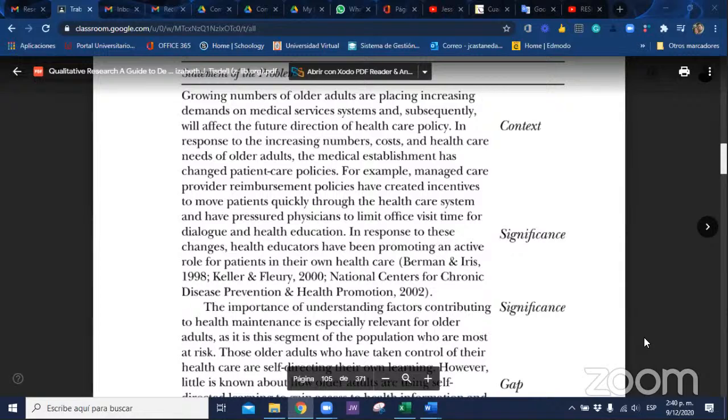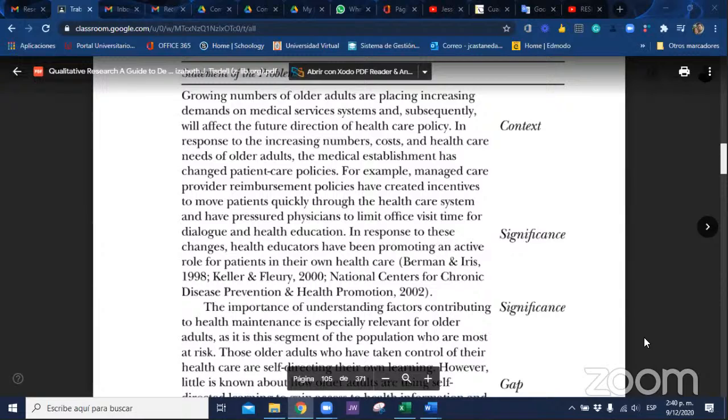For example, managed care provider reimbursement policies have created incentives to move patients quickly through the healthcare system and have pressured physicians to limit office visit time for dialogue and health education. Okay, so far, thank you.